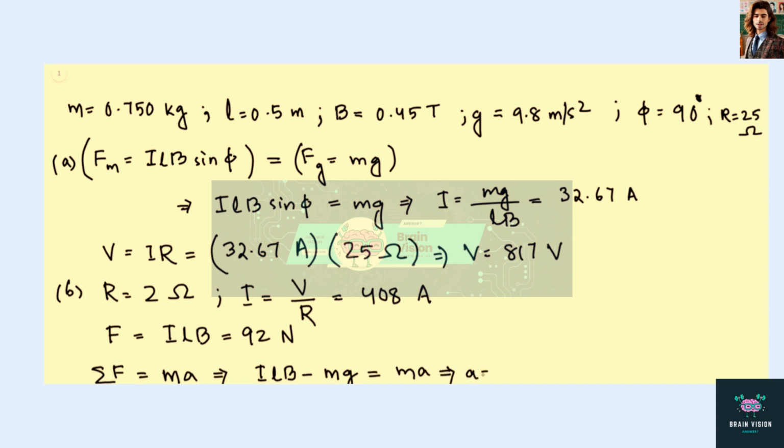This gives acceleration to be equal to F, which is ILB minus mg over the mass, and we calculate this acceleration to be equal to 113 meters per second squared.